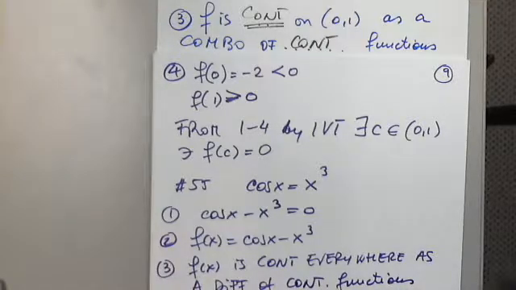Now in step 4, I have to go to the graphing calculator, put it in y equals, and we have cosine x minus x to the third. Make sure that the mode is in radian mode. It is. Make sure that second and table set is still in the ask mode, correct.